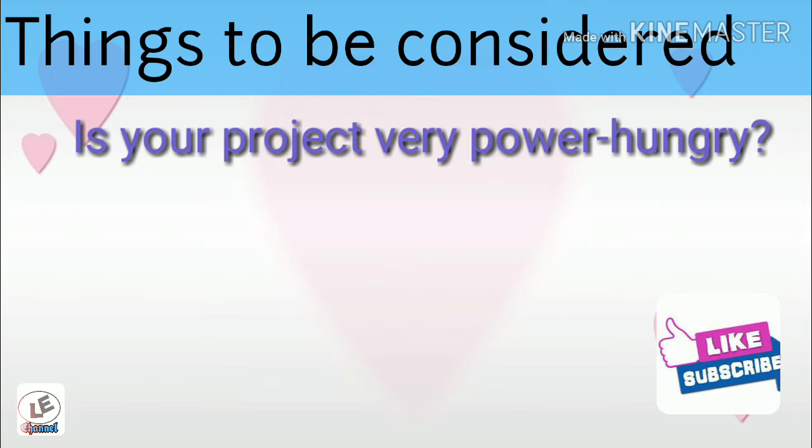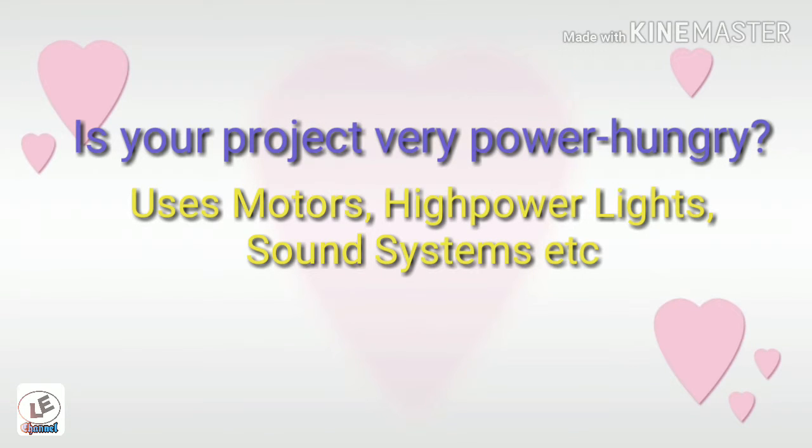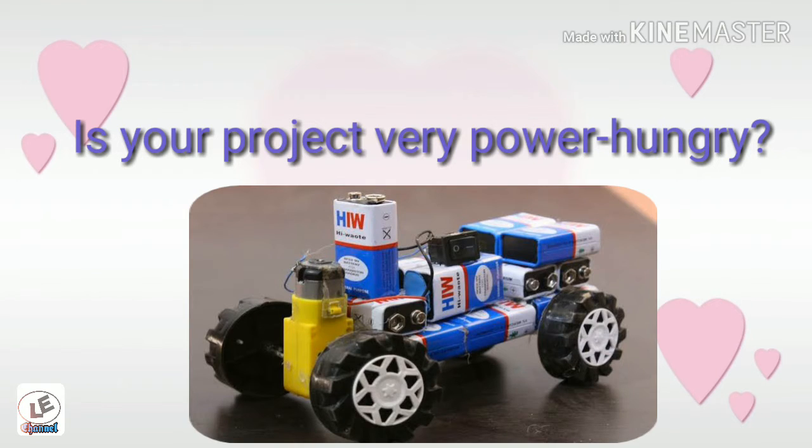If your project is very power hungry, for example if it uses motors, high power lights or sound systems, then your project is a power driven project. In that case, you can go with one time use alkaline cells, or you can go with rechargeable lead acid batteries.